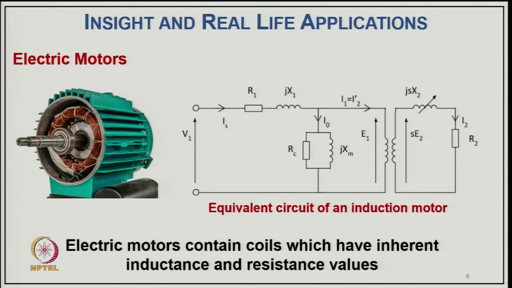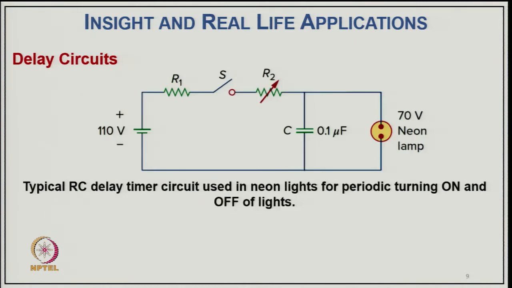Then of course, you have an RL circuit related to a motor, for which we need the analysis. Of the delay circuit examples, we have given a neon lamp, and here is a typical RC delay timer used in the neon light for periodic turning on and off of light.